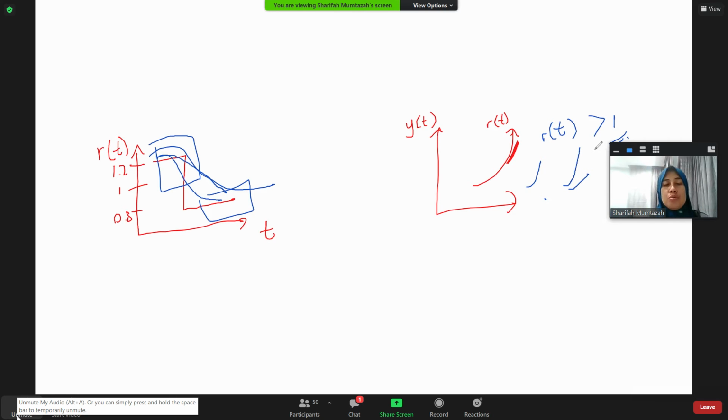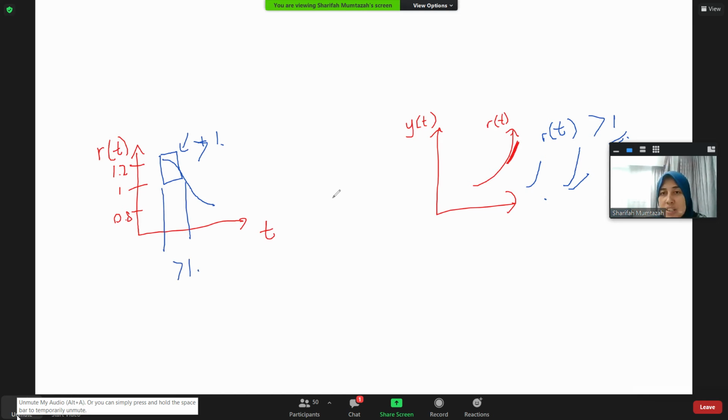So if we look back into this diagram, let's say I'm here, going gradually to here. At this point it is still positive, more than 1. Can you see this part? It is more than 1. So logically, if you use your maths here, this is T, this is YT.